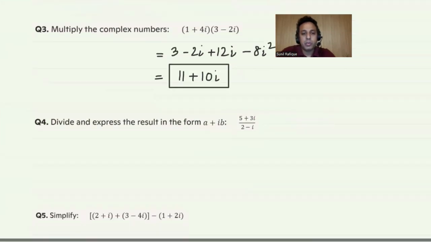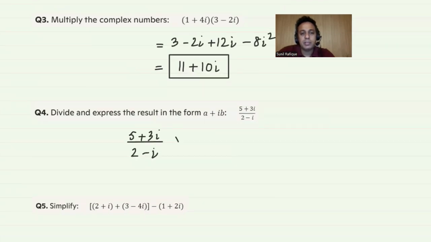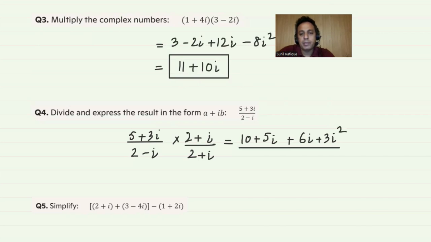And question 4, which is divide. You know how to rationalize the denominator. Multiply and divide by the conjugate of the denominator, 2 − i. This will be 10 + 5i + 6i + 3i squared, divided by 4 − i squared.